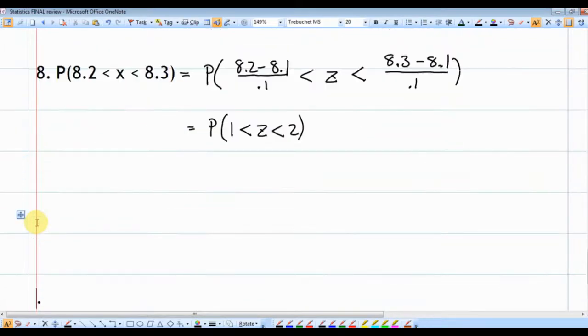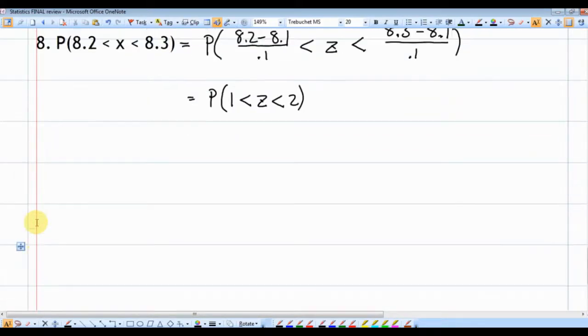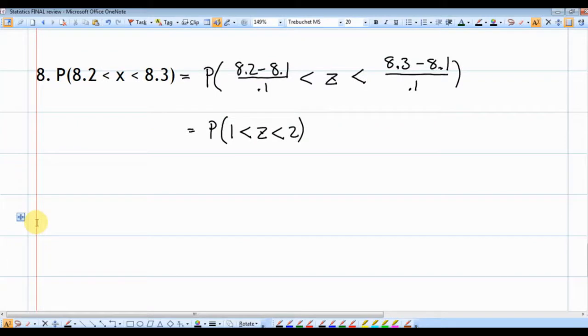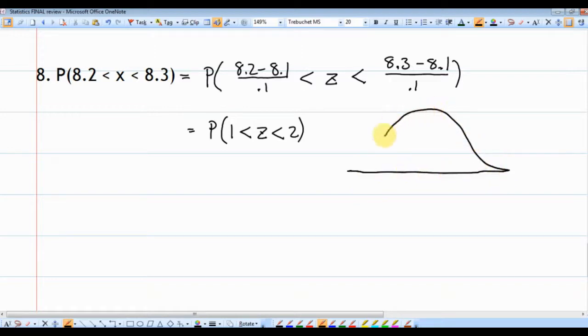Well, golly, how do we do this? Let's take a look at the curve between 1 and 2. That is not a good normal curve. This is 8.2 with a z-score of 1.